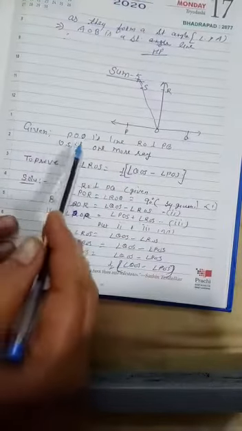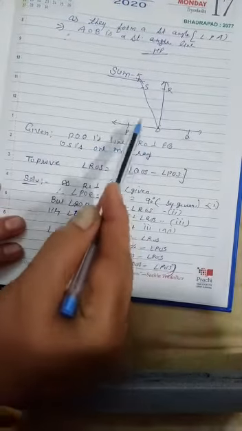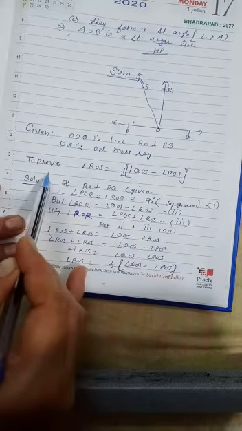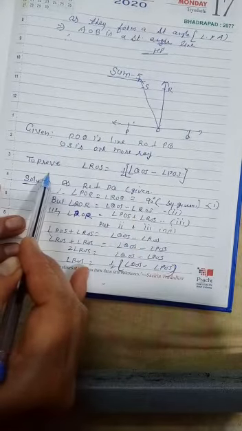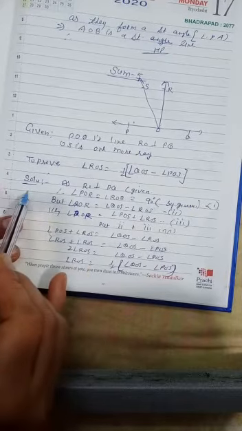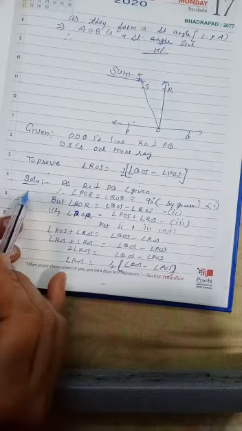Okay, what is given? Given POQ is a line. Draw the figure, then start to write given, then what you have to prove or what you have to find or what you have to show. Then you can write the solution. If the theorems are there, you have to write proof.